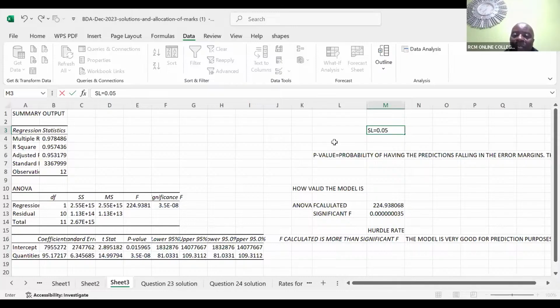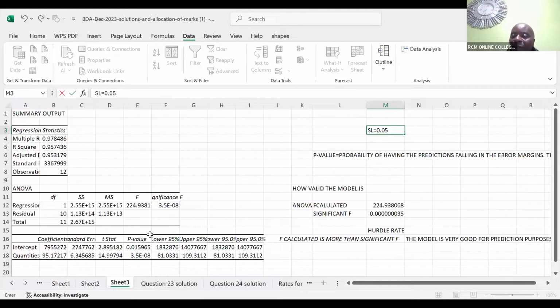So you ask yourself, this figure that we have here, the first p-value, is it less than 0.05? Oh, yes. Even this second one, 0.0000 small one, 35, is still less than 0.05.